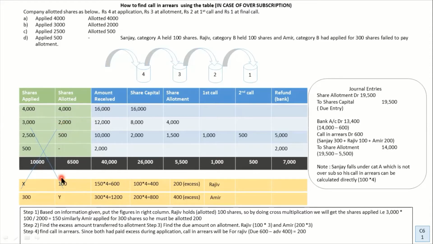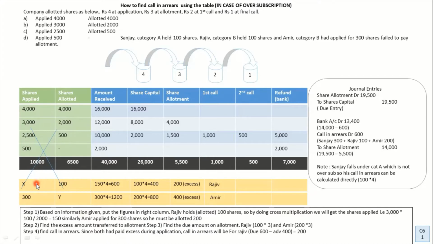So 20 has become 10, 2 zeros have become 1 zero. So 30 will become 15, 2 zeros will become 1 zero. So I will get 150 as the answer. This is called as smart mathematics. Only looking into the figure, you can get the answer. If not, do a cross multiplication, go by the traditional method and get your answers.